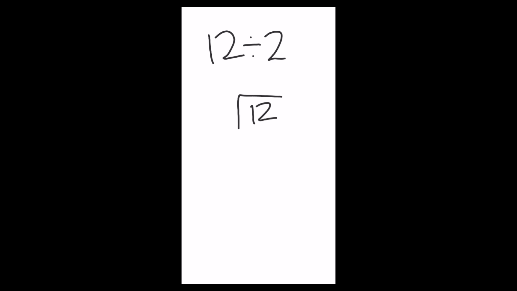Muhammad, can you hear me? I said, if 12 is inside the box, what is the number left behind which we need to write outside the box? See, this 12 is done, isn't it?